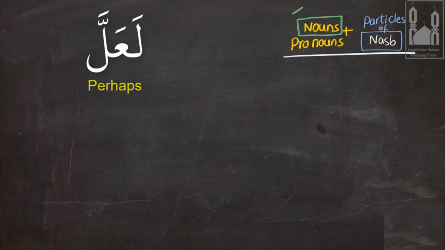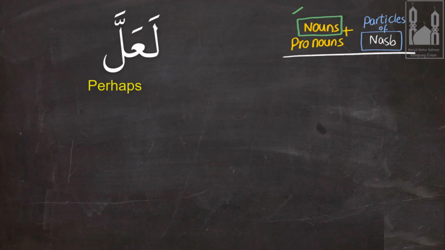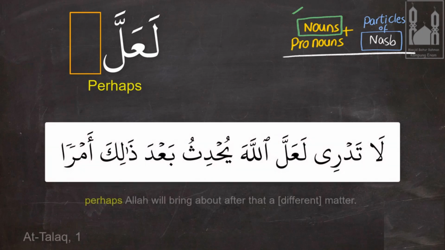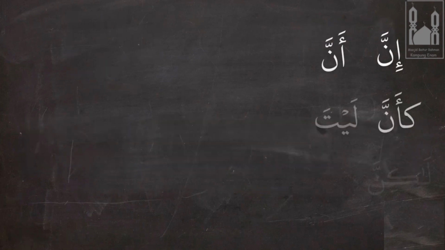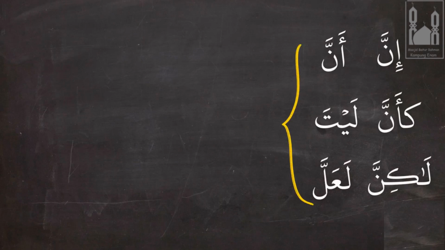This particle is quite common in the Quran, and you will specially see it used attached to pronouns, and it causes the noun after it to have nasb or fatha, like in these examples. لا تدري لعل الله يحدث بعد ذلك أمرا ثم عفونا عنكم من بعد ذلك لعلكم تشكرون.